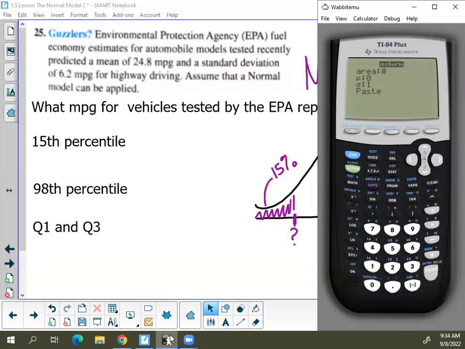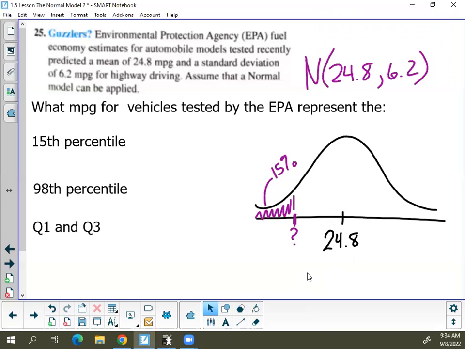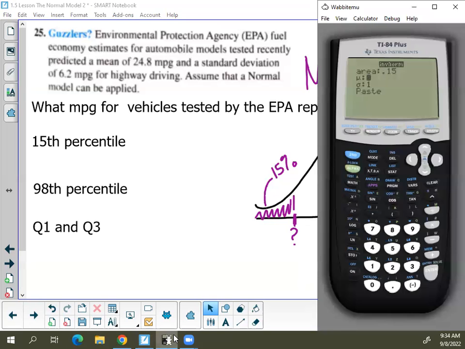And so I'm going to say 0.15. I'm going to tell it the mean, which is 24.8, and the standard deviation, which is 6.2. Hit enter a couple times, and it's going to give me a value.